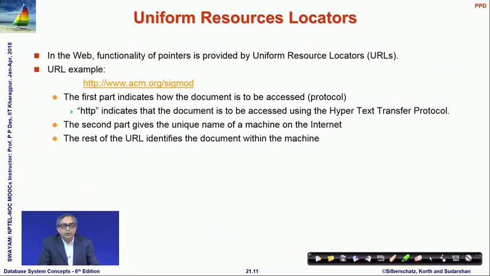We will not go into those details, but for us it is enough to understand that www.acm.org here is uniquely relatable to a particular machine on the internet. The last part, which is remaining, sigmod, and if there are more parts, identifies the document within that machine.